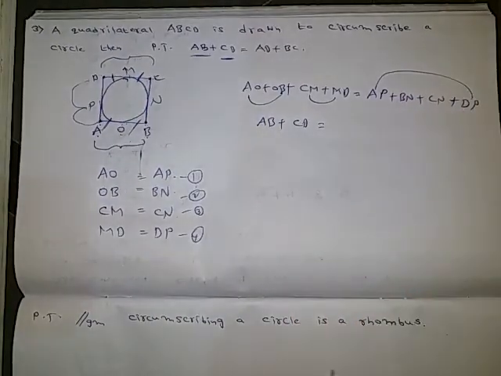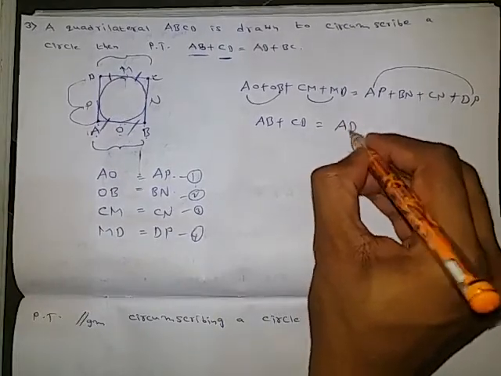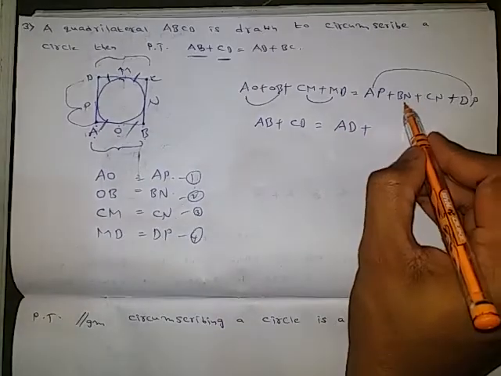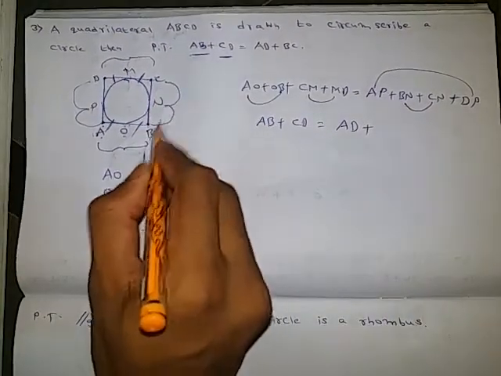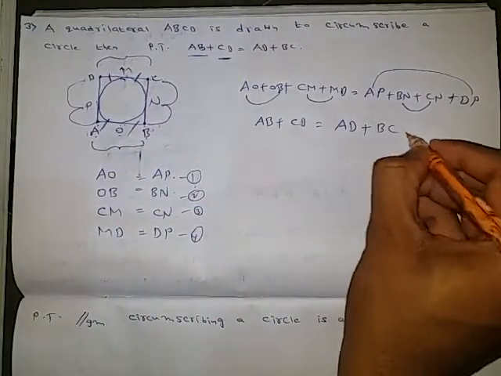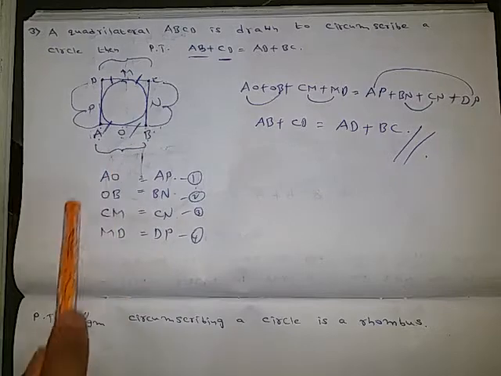AP plus DP is nothing but total side AD, plus BN plus CN. BN plus CN is total side BC. Hence proved, completed.